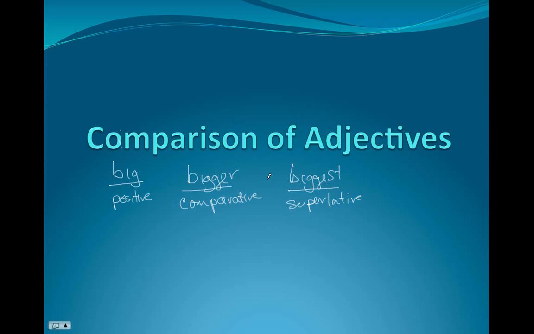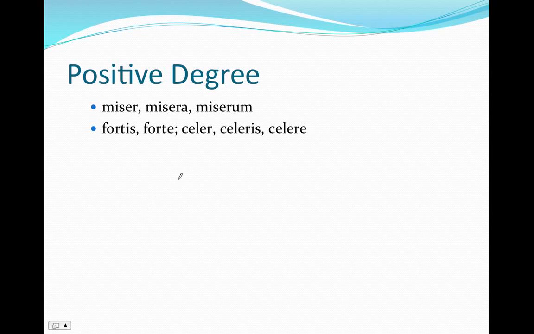So this lesson is going to demonstrate how to form these comparatives and superlatives based off of just the positive degree. Now, the positive degree, as I mentioned, is just the straightforward adjective. And there are two types, as you've already learned. We have adjectives of the first and second declension, miser, misera, miserum, wretched.